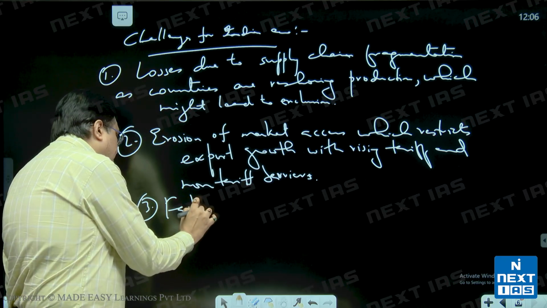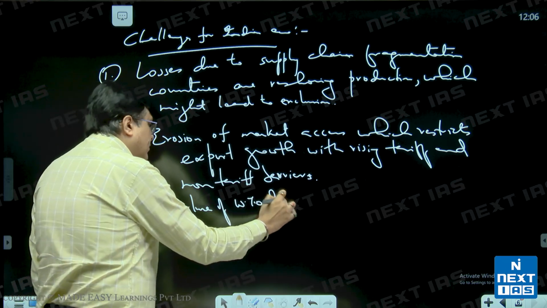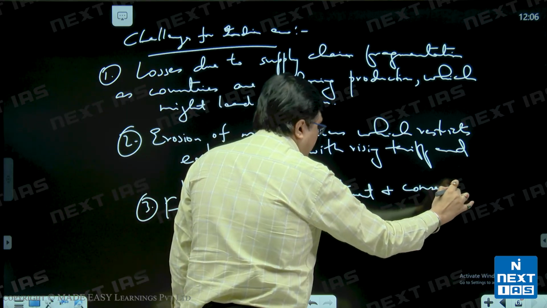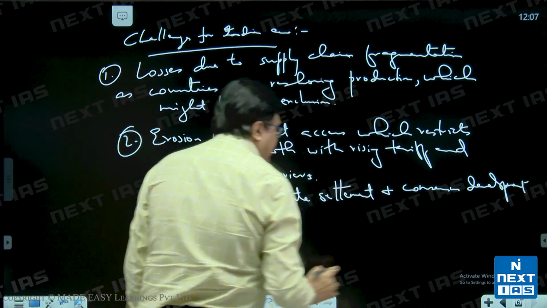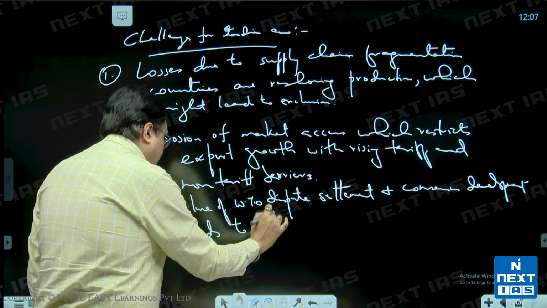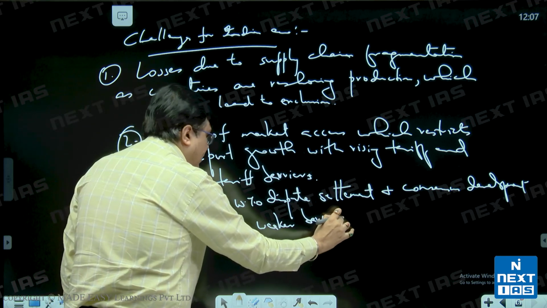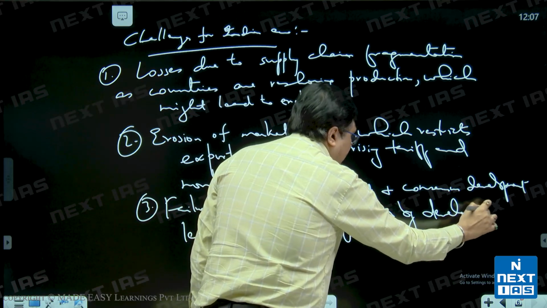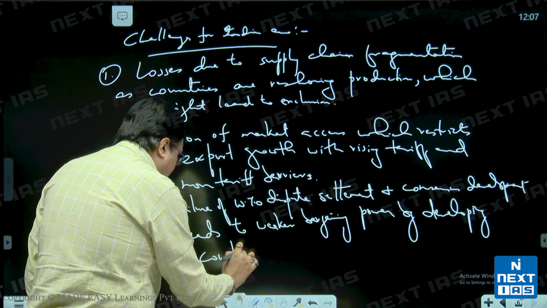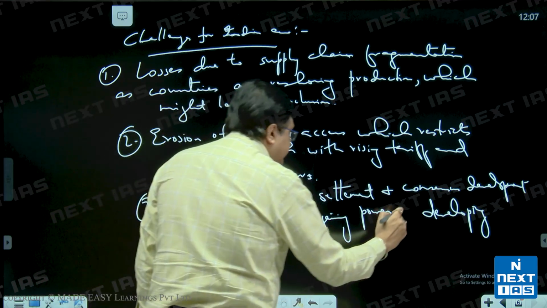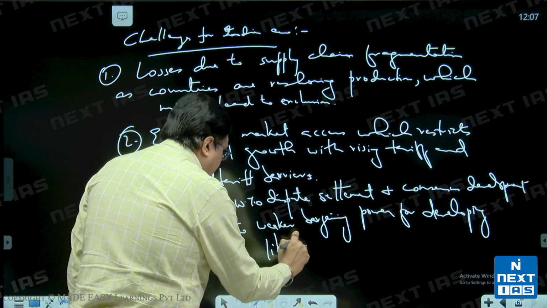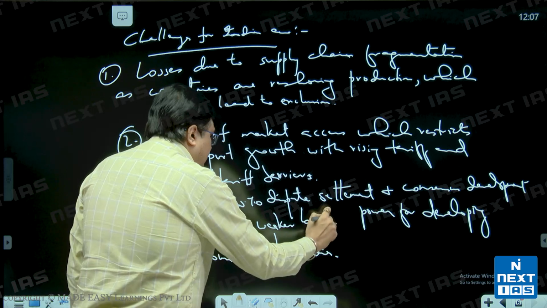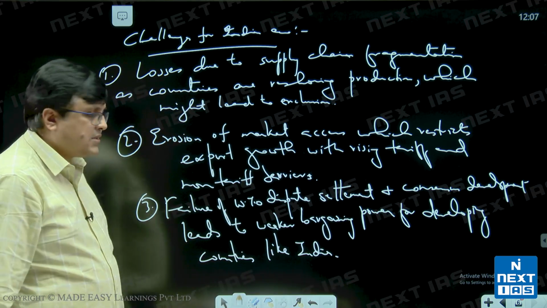So failure of WTO dispute settlement and consensus development leads to weaker bargaining power for developing countries like India.